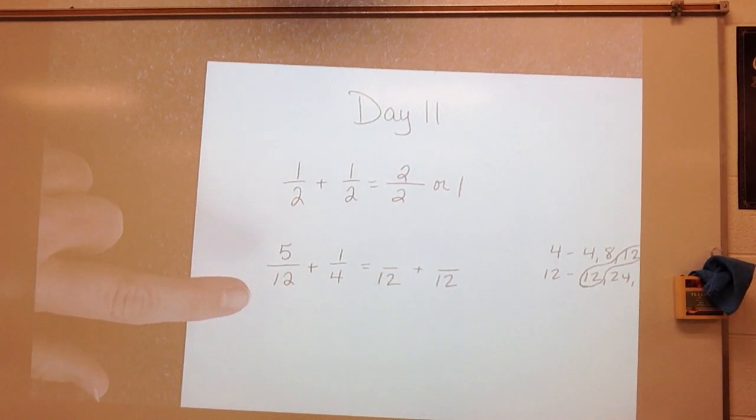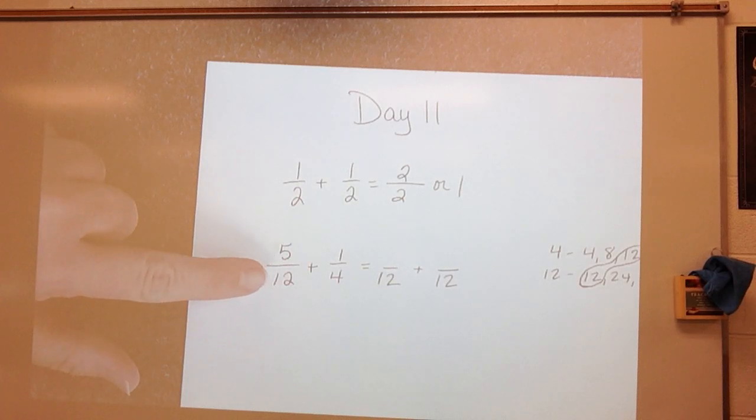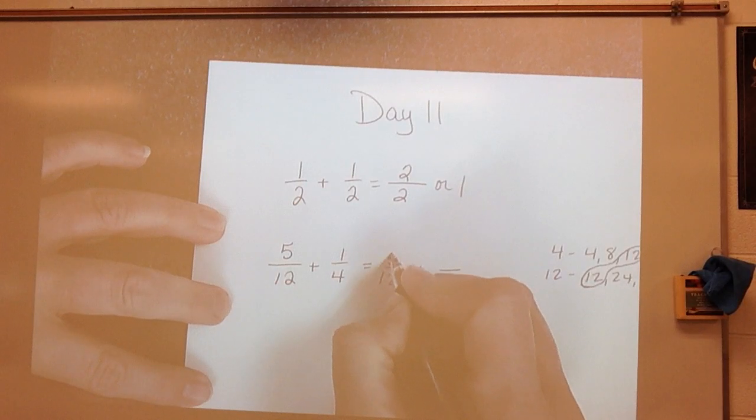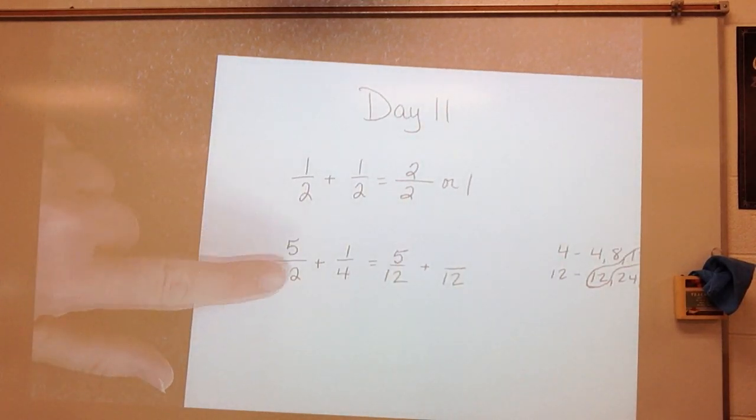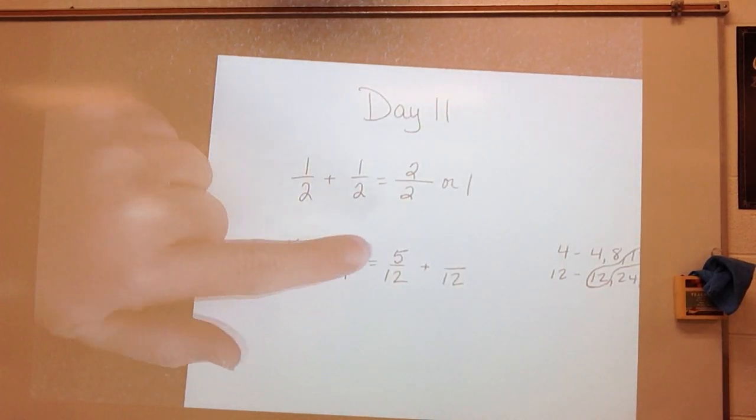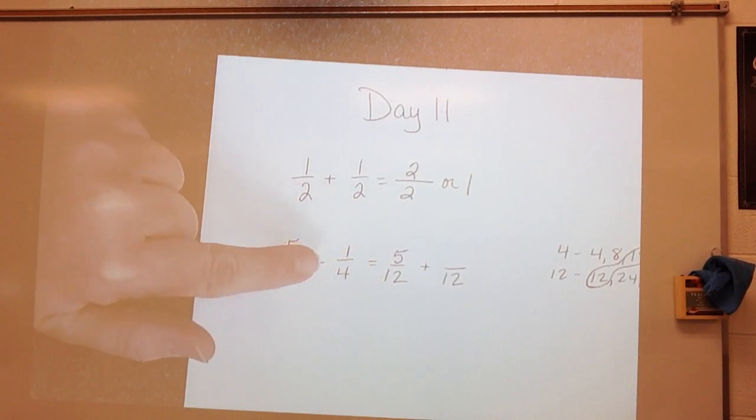Now here's what I'm going to do. I'm going to ask myself, did my denominator change in the first fraction? It did not, so my numerator does not change. So it would be 5/12. Now I'm going to ask myself, did my denominator change in the second fraction?